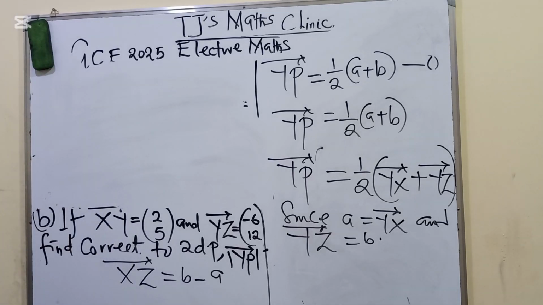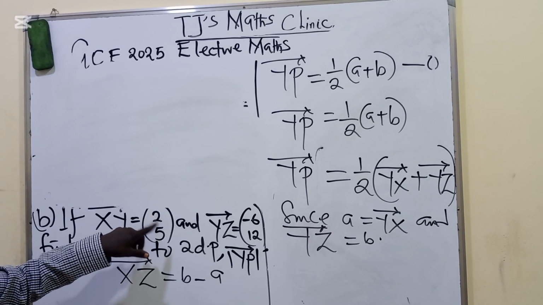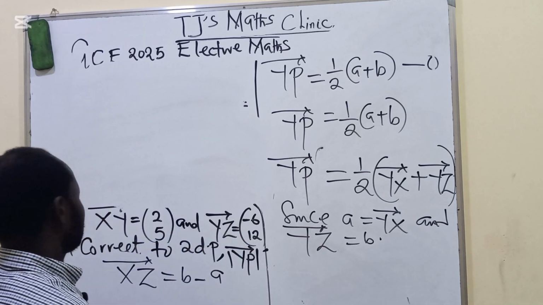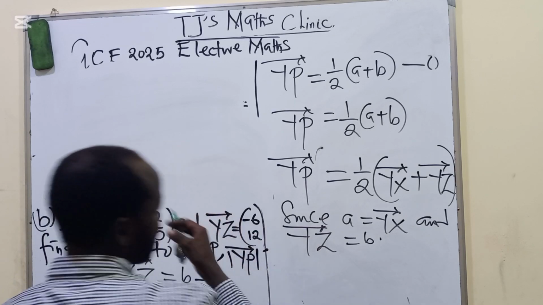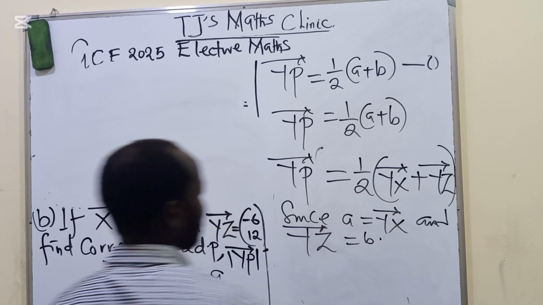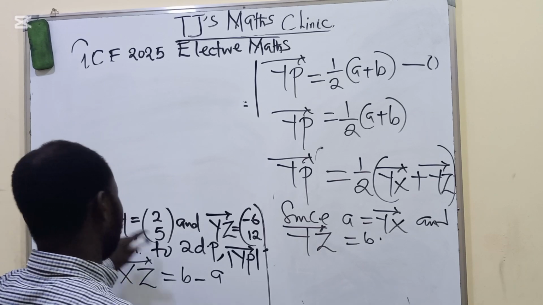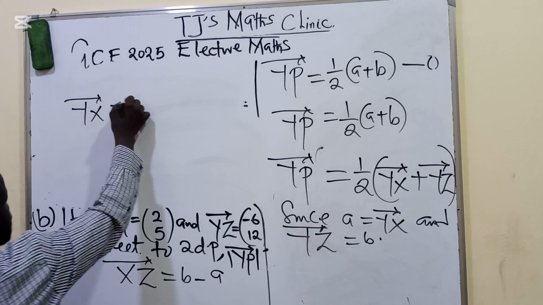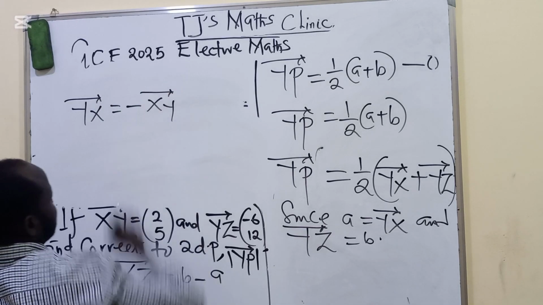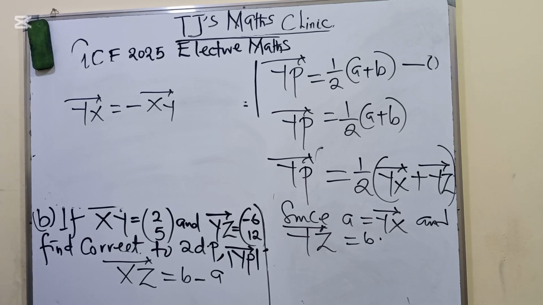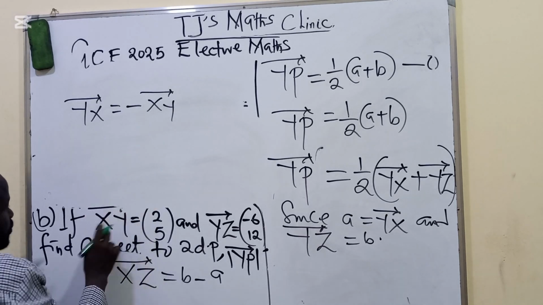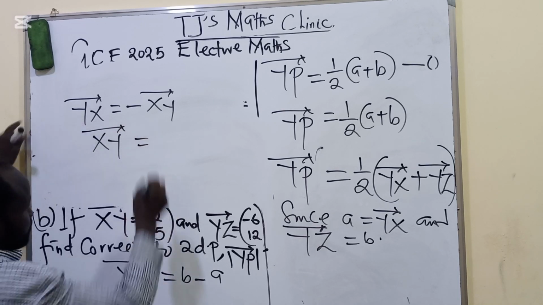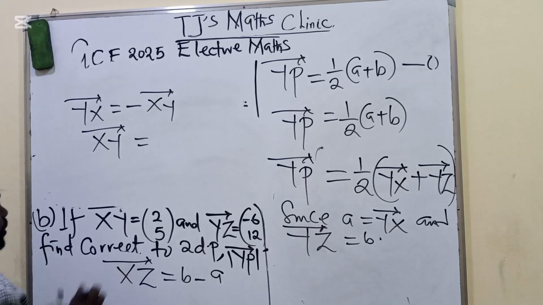Question B now says, if XY is (2, 5) and YZ is (-6, 12). Here what we have is YX, not XY. So to find YX, it is going to be the negation of XY, in the opposite direction.